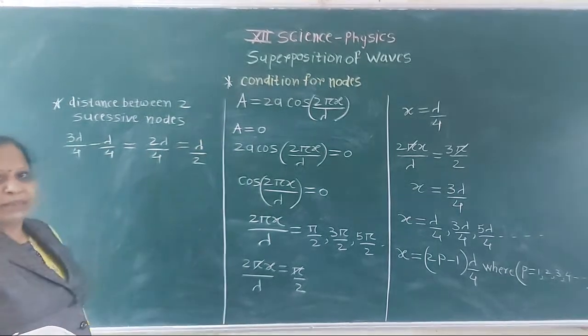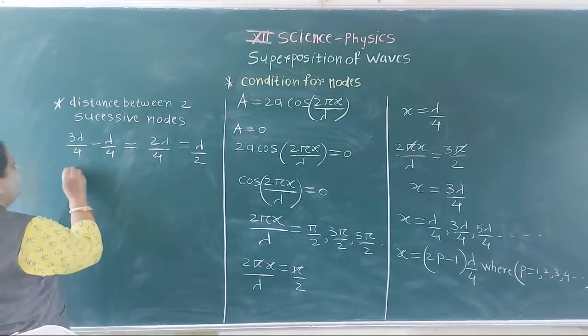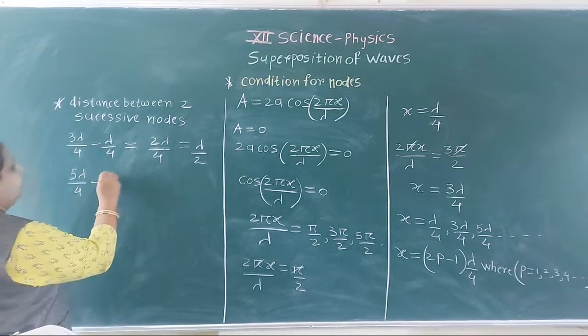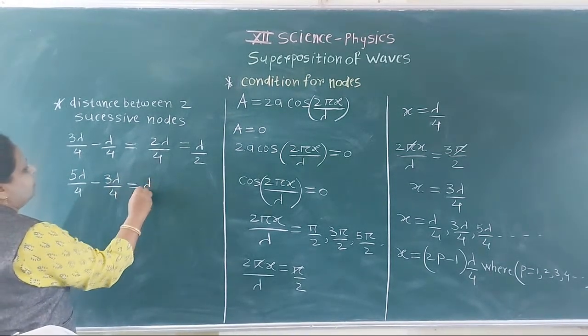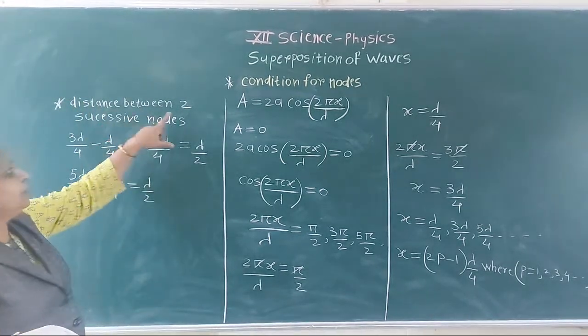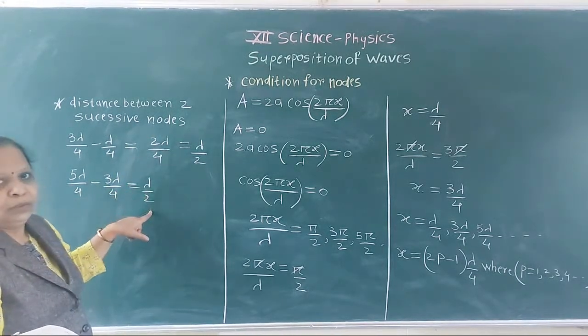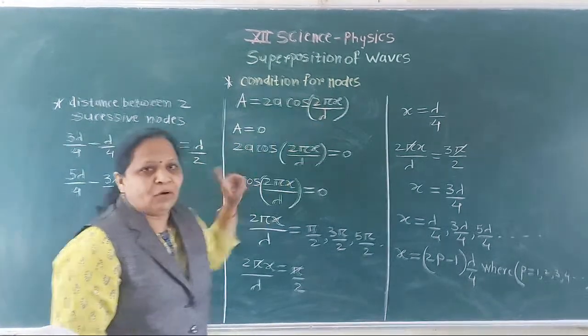Now again we consider the next example, 5 lambda by 4 minus 3 lambda by 4, which also becomes lambda by 2. So the distance between two successive nodes is lambda by 2. So it is the condition for nodes.